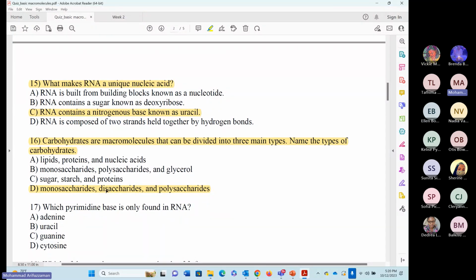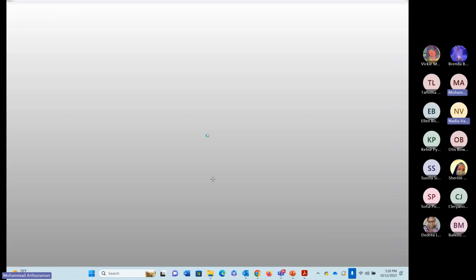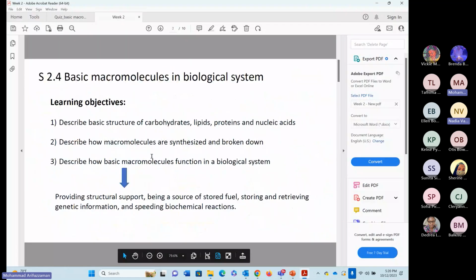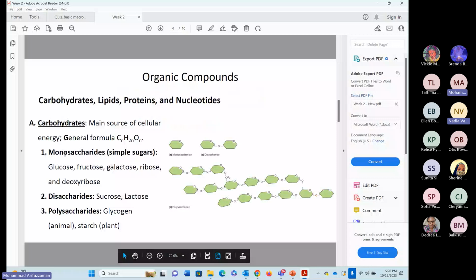The disaccharide, for example, lactose, and polysaccharide is starch. If you can see the slides that I posted, you can see the classification of carbohydrates: monosaccharides, disaccharides, and polysaccharides. Monosaccharides are simple sugars like glucose, fructose, galactose, ribose. Disaccharides are sucrose and lactose, and polysaccharides like glycogen and starch. Good.